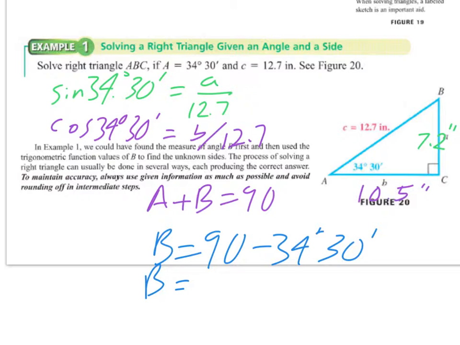So angle B ends up equaling 55 degrees and 30 minutes. And so there we go, that we've solved that triangle. We have all 3 angles. And they gave us angle A, we found angle B, and they told us it was a right triangle, so C was 90. They gave us side C was 12.7 inches, and we found A was 7.2 and B was 10.5.